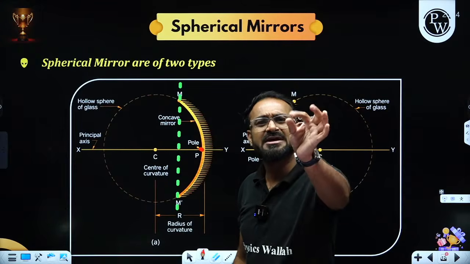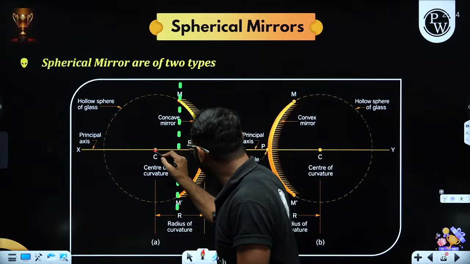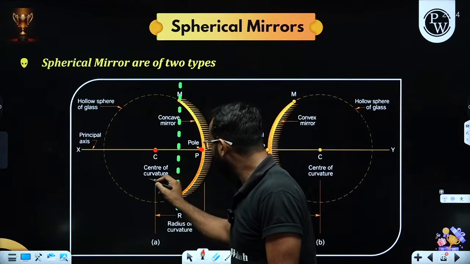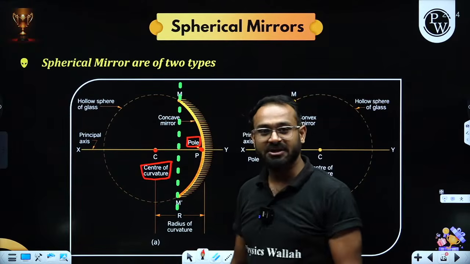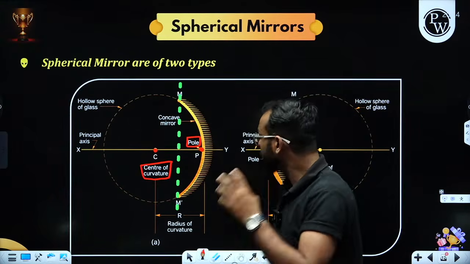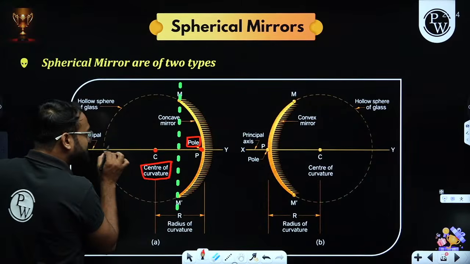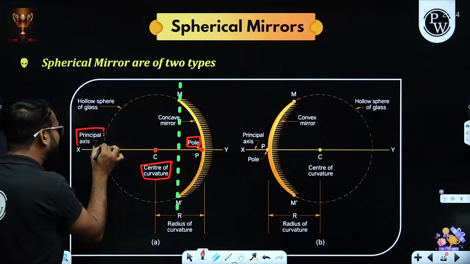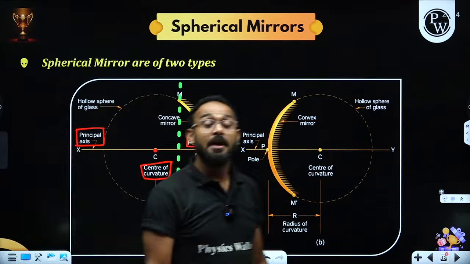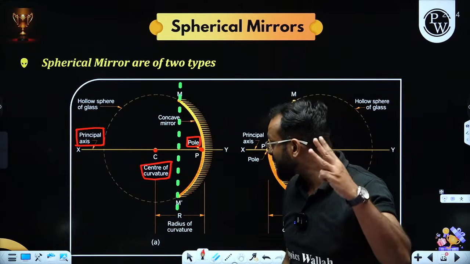We were having this complete sphere. Definitely it would have a center. That center is considered the center of curvature. Clear? Yes, sir. Now there is a line passing through the center of curvature and the pole, which is known as the principal axis. Clear? So three points are absolutely clear.